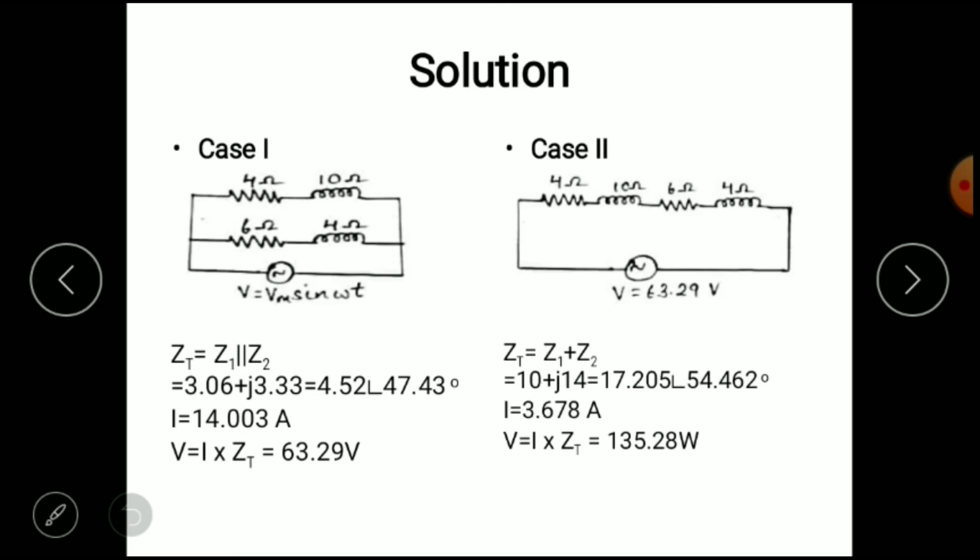So let us see how to solve this question.